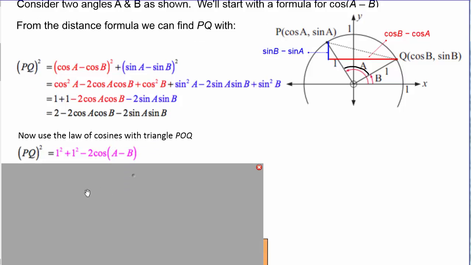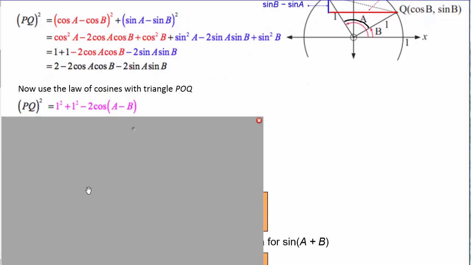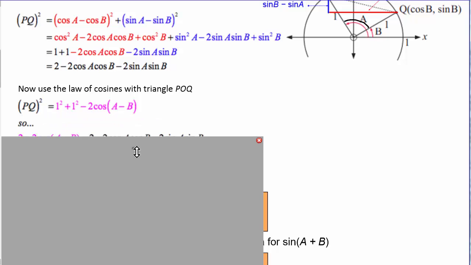Okay, so now we've got this great situation, which we often do in math. We have two expressions for the same thing, PQ squared. Well, that means they have to be equal, and so we set them equal and do a little manipulation. What do you think we can do here? Well, let's see. I see some 2's. I could subtract that. I could divide by 2. Wow, that's not very bad.